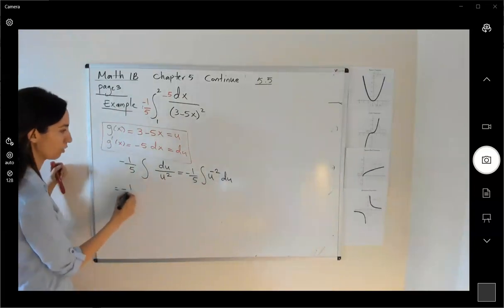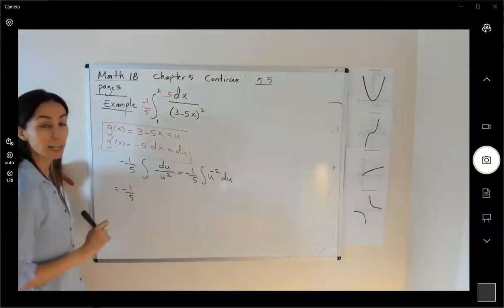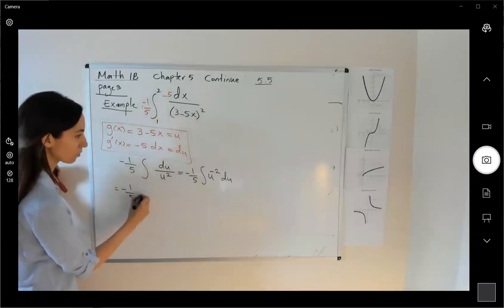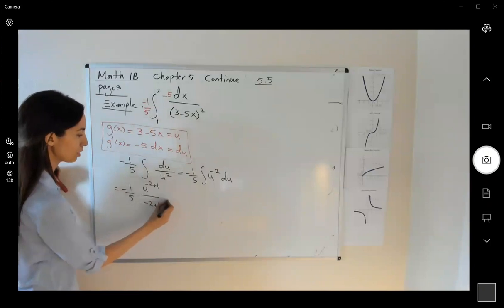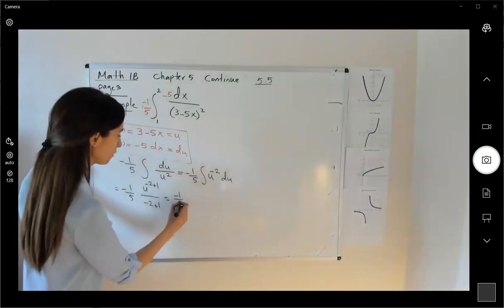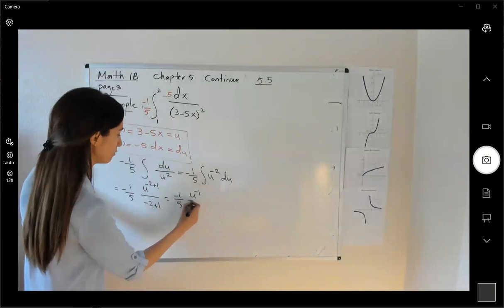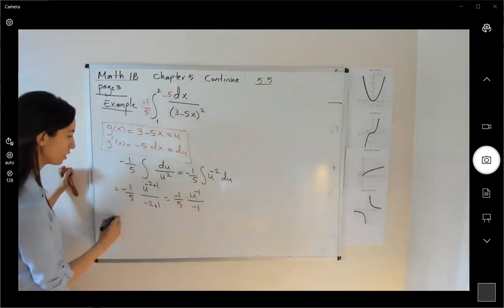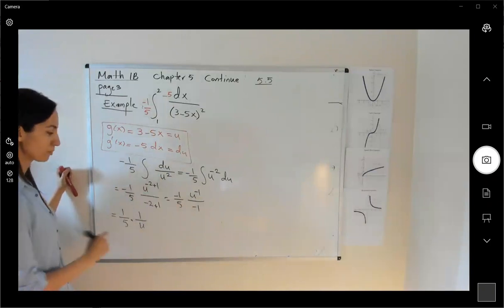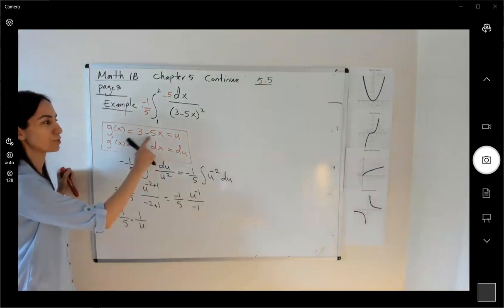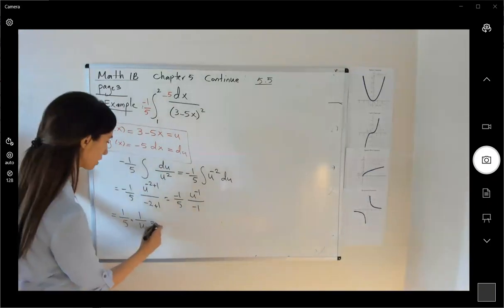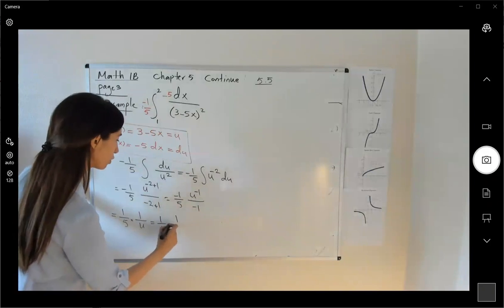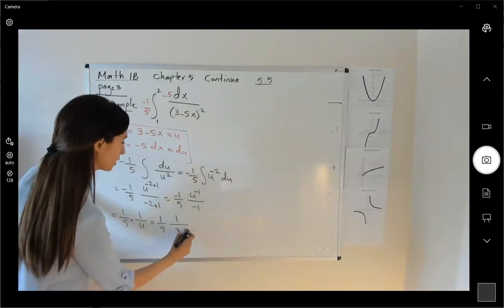So we add 1 to the exponent: u to negative 2 plus 1, negative 2 plus 1, which gives negative 1/5 u to negative 1 divided by negative 1. We can cancel out negative and negative. We get 1 over 5 times 1 over u. But what is u? u is 3 minus 5x. So this is 1/5 times 1 over 3 minus 5x.